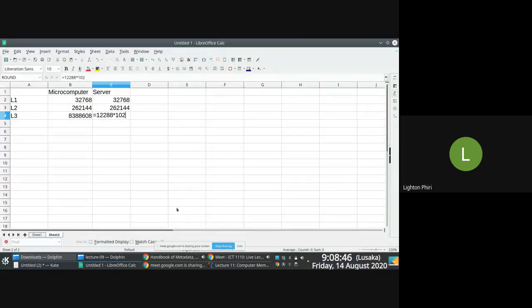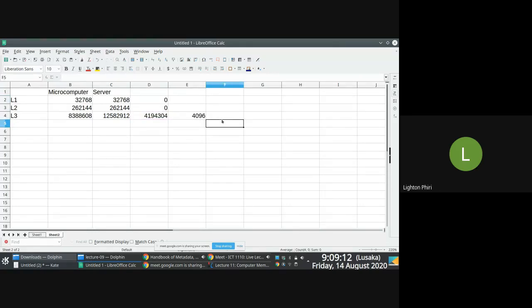Activity. 122.88 times 1024. Differences, server minus microcomputer, the difference in terms of kilobytes.